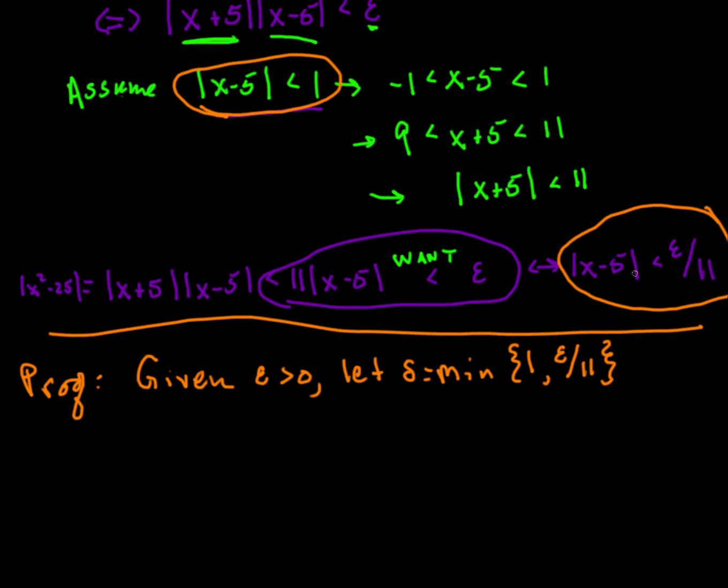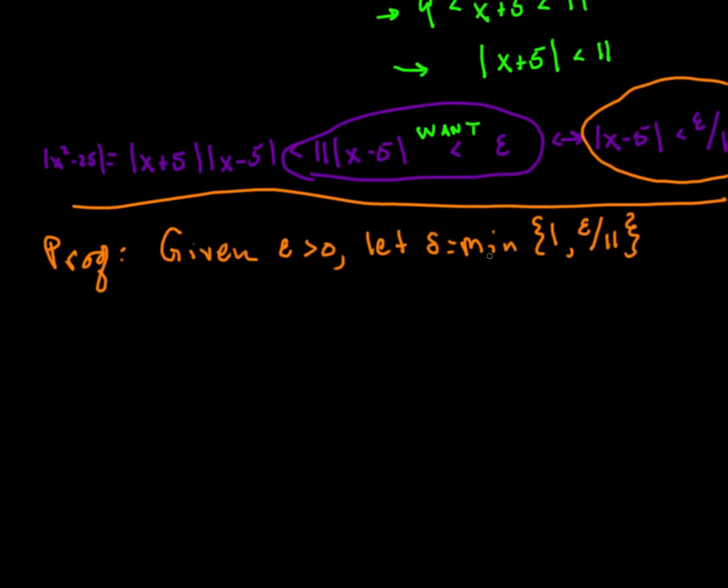Now, as long as epsilon's smaller than 11, then we're good. But what if this has to be true for every real number epsilon? So what if I'm just walking around and somebody gives me epsilon to be, I don't know, 22? Well, then epsilon over 11 is 2, which would not give me something small enough to force this to be happening. So I let delta be the minimum.